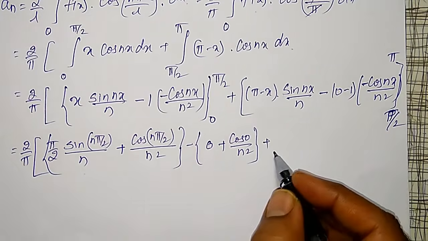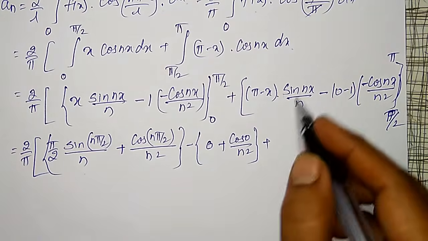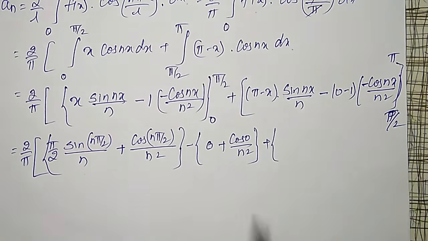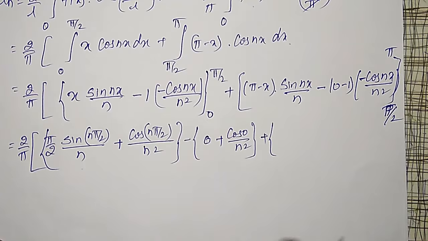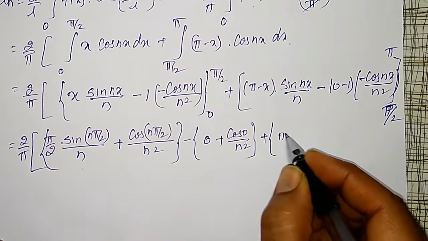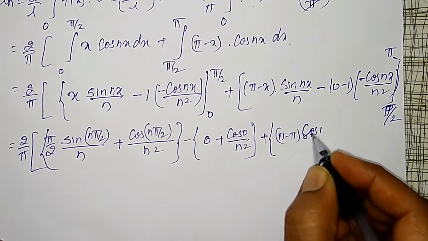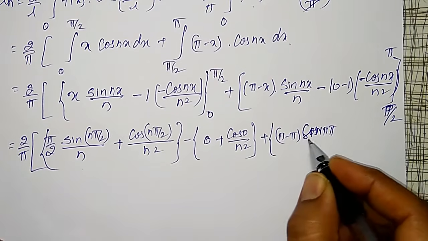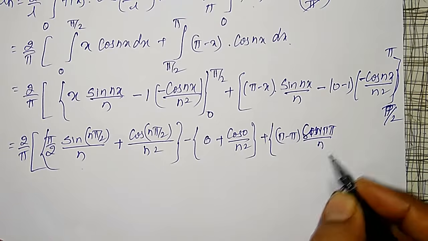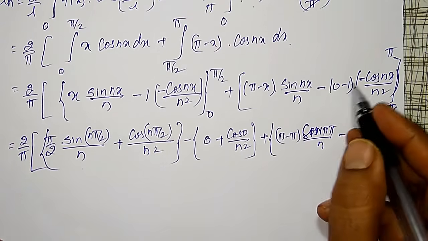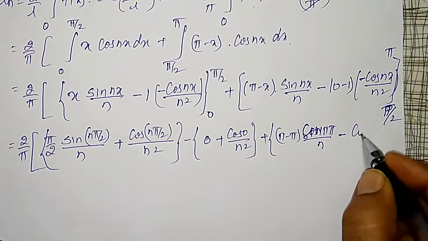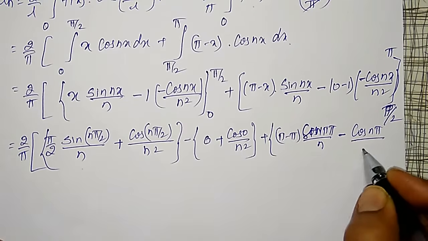Plus, for this one I have to substitute upper limit minus lower limit. First upper limit x equal to pi, that is pi minus pi into cos n pi, sin n pi divided by n, minus cos n pi divided by n square.